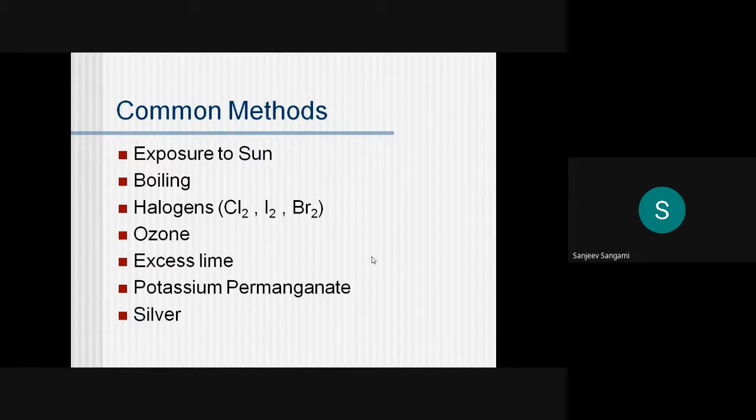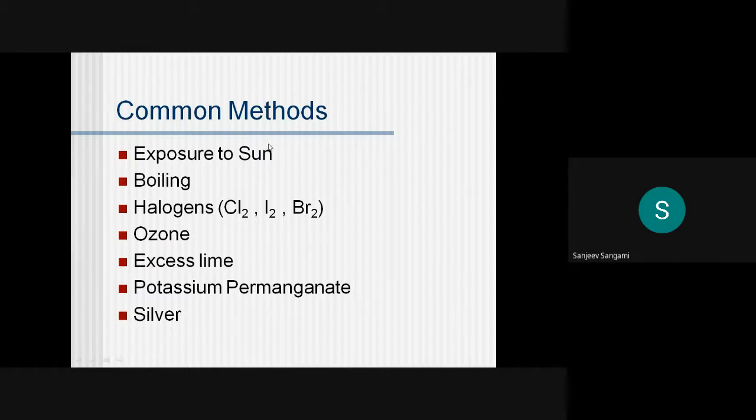The first one is exposure to the sun. When you expose to the sun, you are going to kill the pathogens. Boiling is one technique where you are going to kill the pathogens.